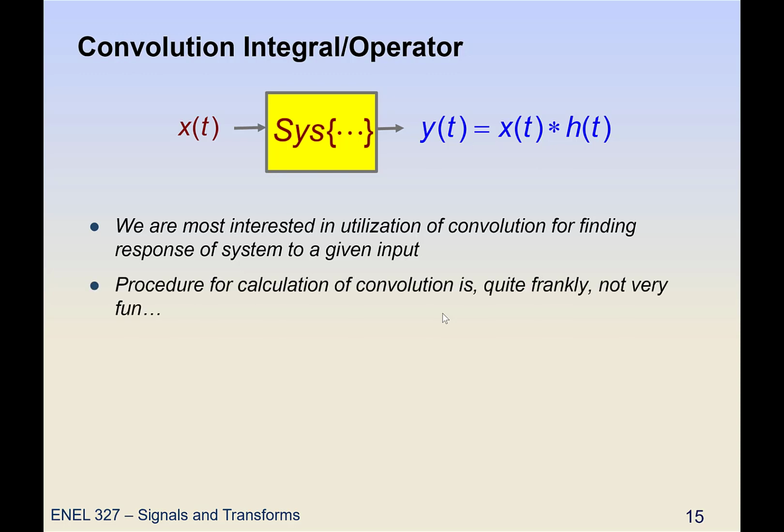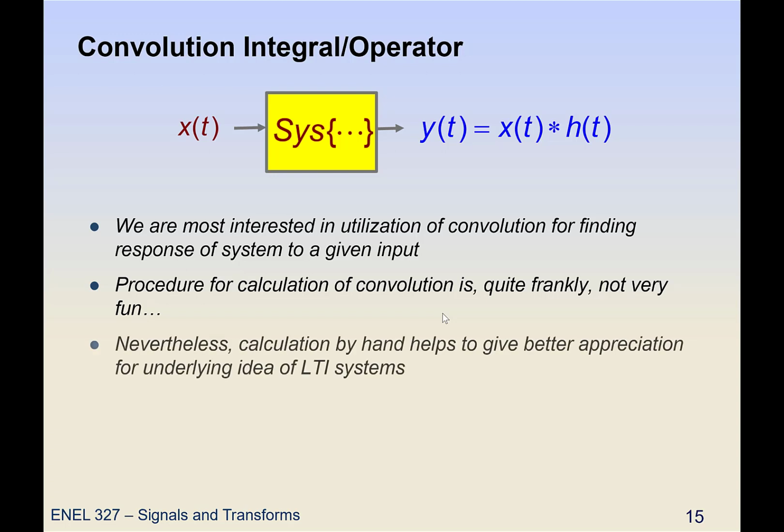The procedure for calculation of that is, as I've told you, not very fun. It's actually mathematically tedious. However, doing these things by hand and seeing it visually helps to give a better appreciation for the underlying idea of LTI systems.